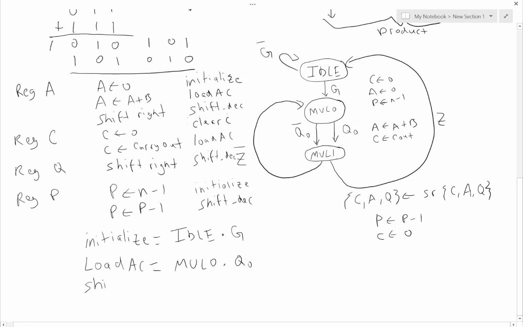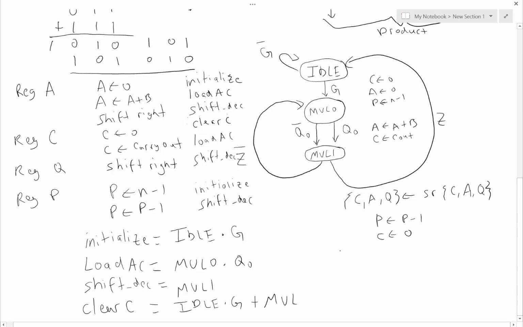The shift always happens in the mul1 state, as well as the decrement. So that's an easy expression. And then the clear of that C flip-flop, which holds the carry, happens when I first initialize. So it has also when I'm in idle and the go signal is 1, or it will also be set whenever I go into state mul1.